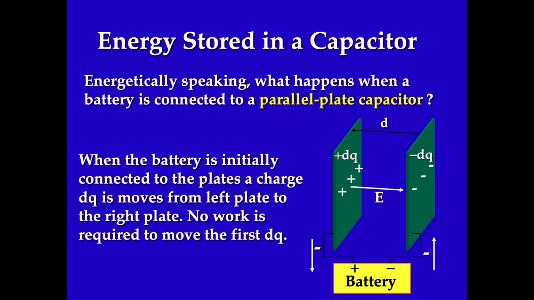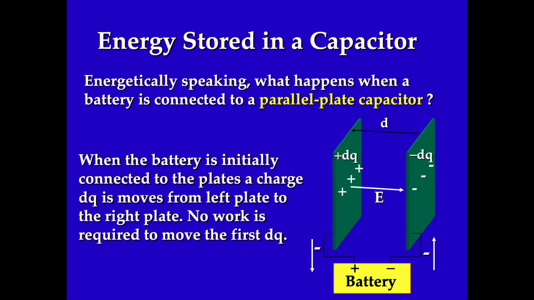The amount of work that's required to move that first charge is zero because there's no field. You're moving the charge in no field. But to move the second charge and the third charge and the fourth charge, etc., they're going to be moved against the field.